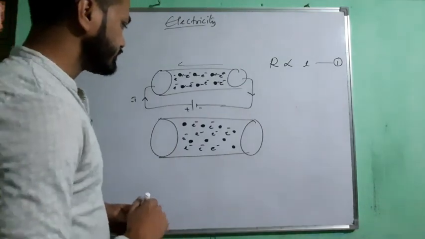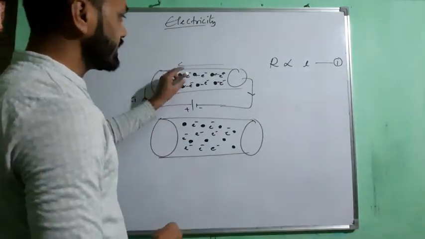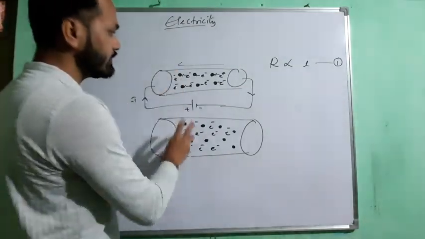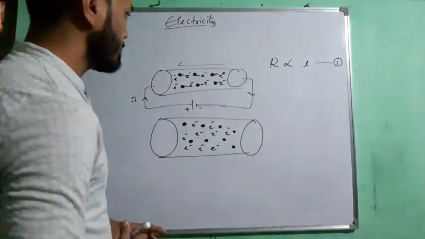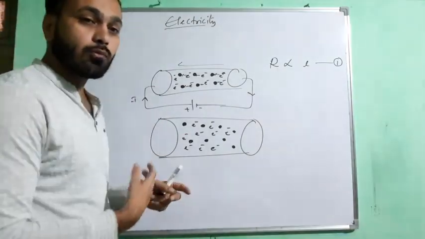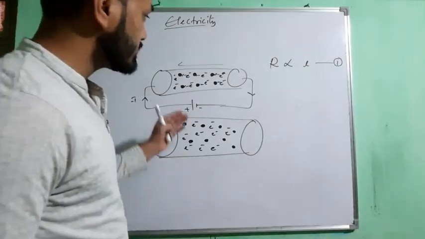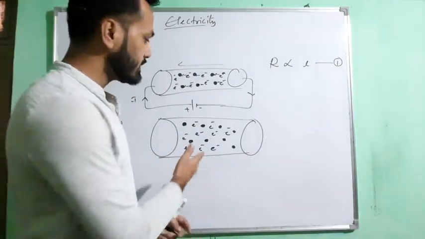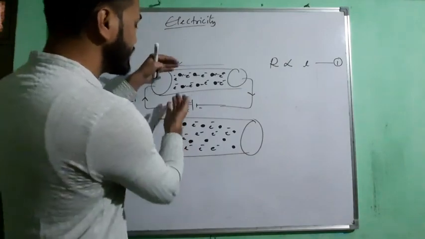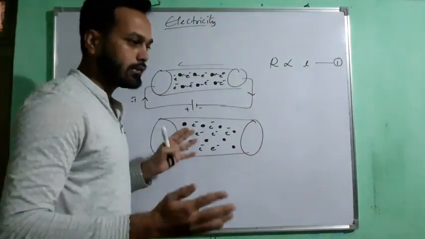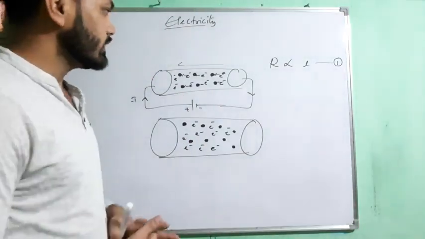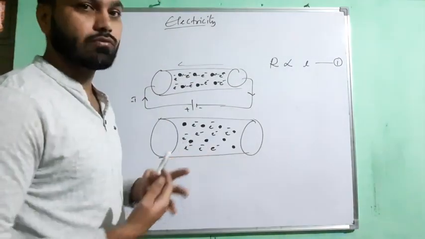Now, this is the first point. Second point, just compare here. This is thin and this is thick. Both have an equal number of electrons. So where do you think electron motion is a little smooth, where the number of collisions may be less? Obviously the second one. It is like a narrow road and a widened road. So here the traffic will be more, resistance will be more.